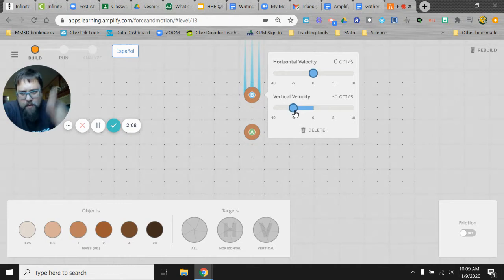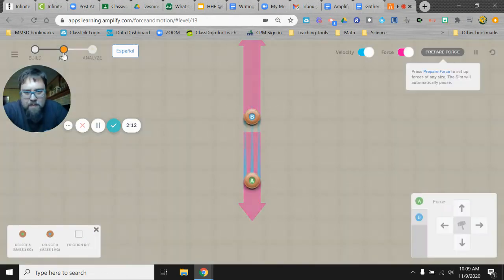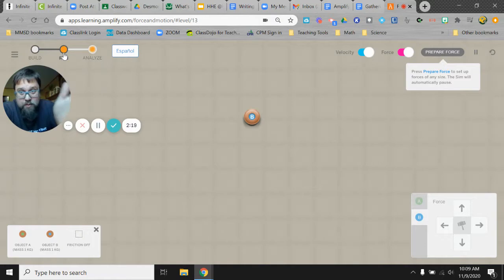I mean, just down. Okay. All right. Let's see if we can run that. All right. We got object A to start moving again. So you can see that I have at least 2 directions that if I send object B into object A will cause object A to start moving.